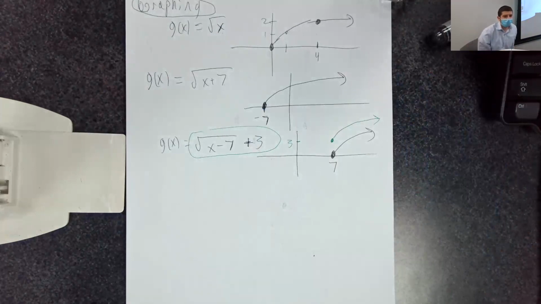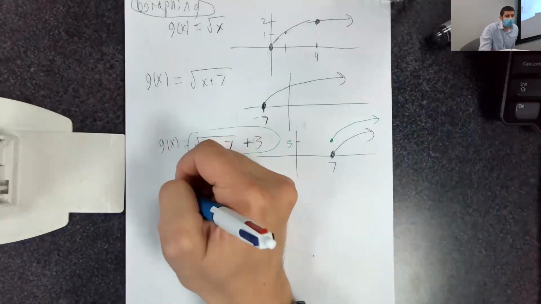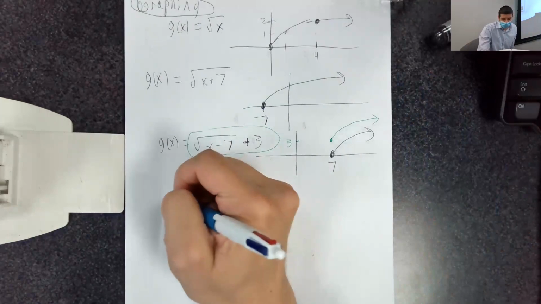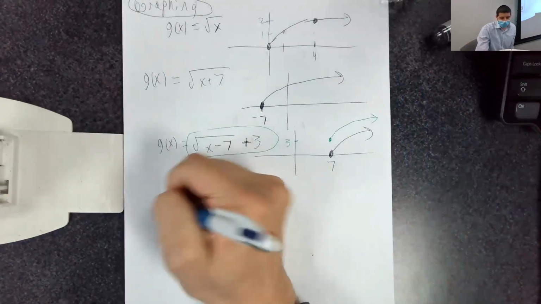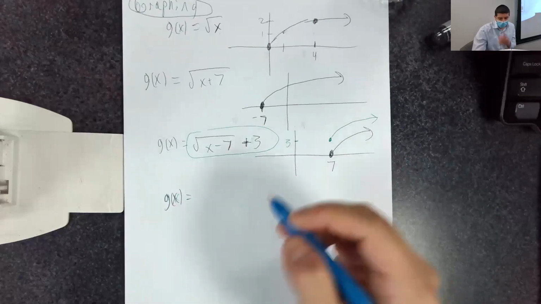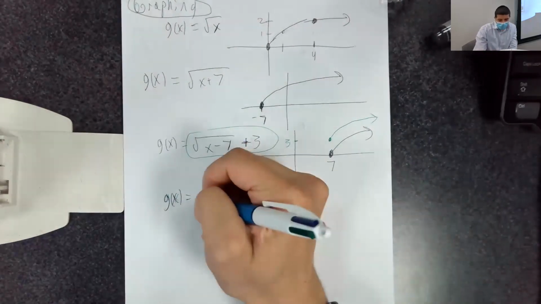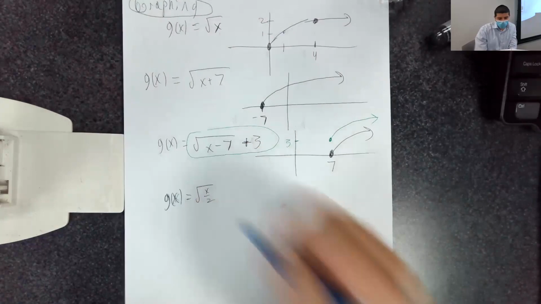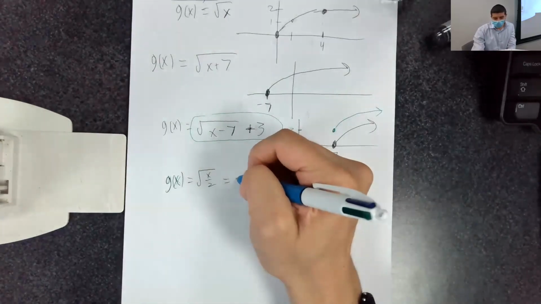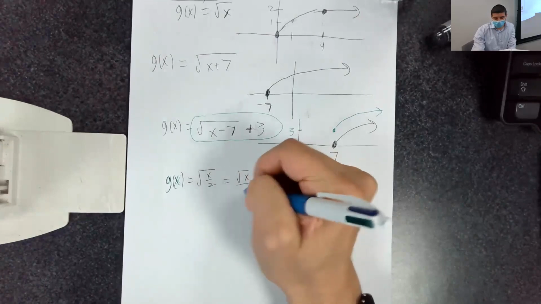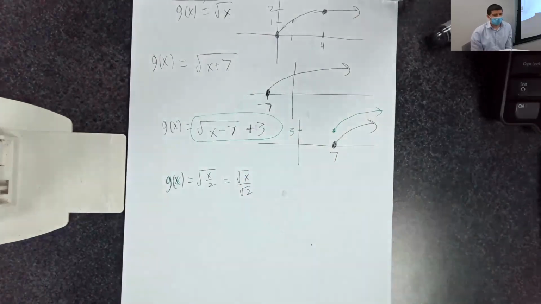What if it was like radical x/2? Which one? Radical x/2, good. That's called scaling. One thing you could do is write it as radical x/radical 2.